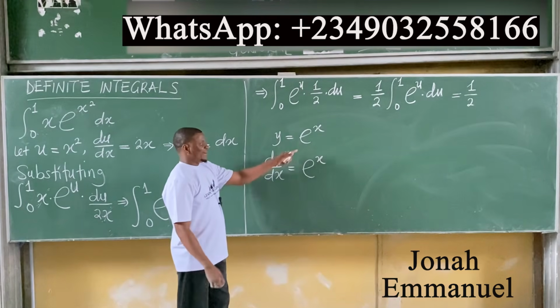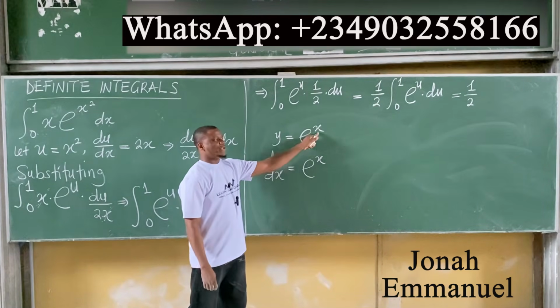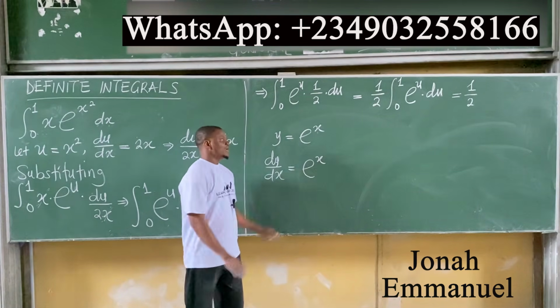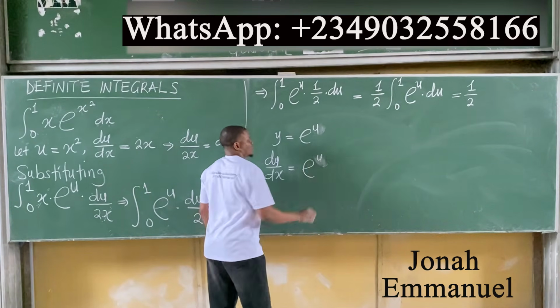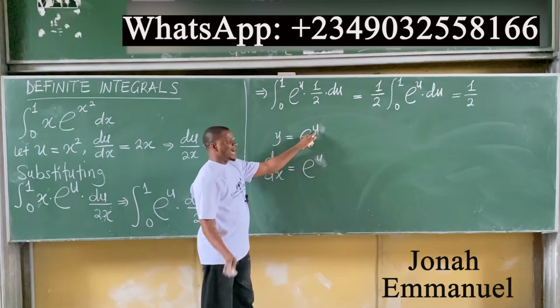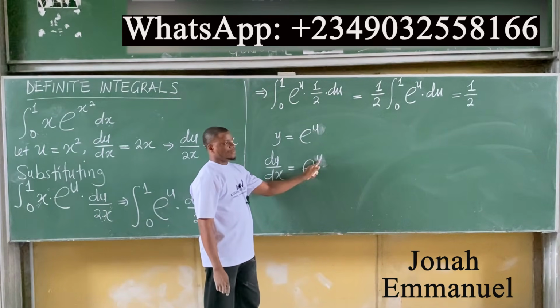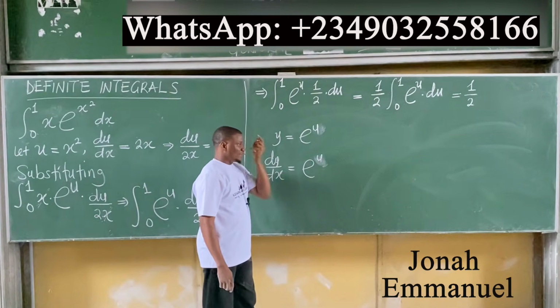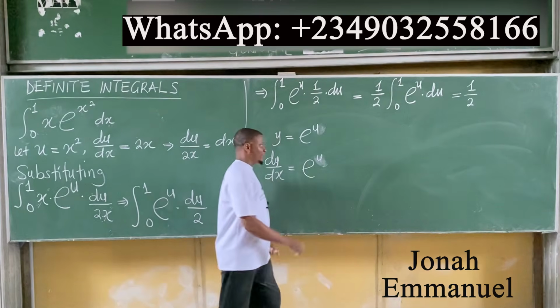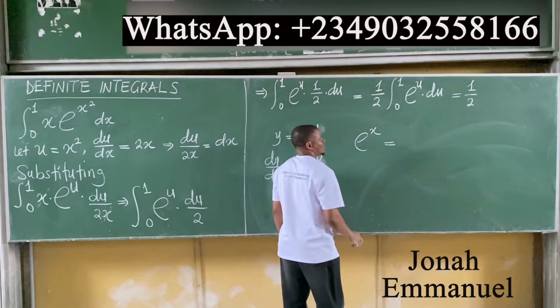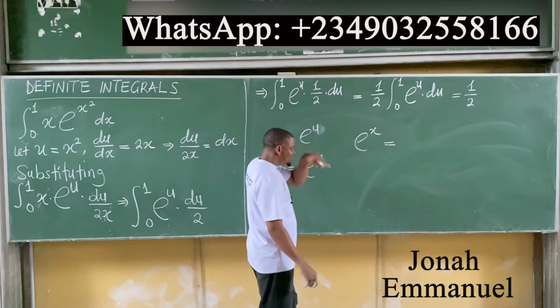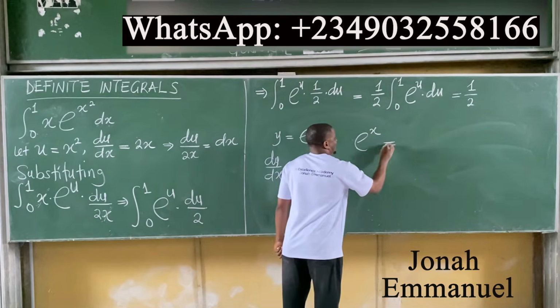Listen. If I differentiate exponential x, I will get exponential x. If I change it to u, if I differentiate exponential u, I will also get exponential u. Same thing there. Let me integrate this here.